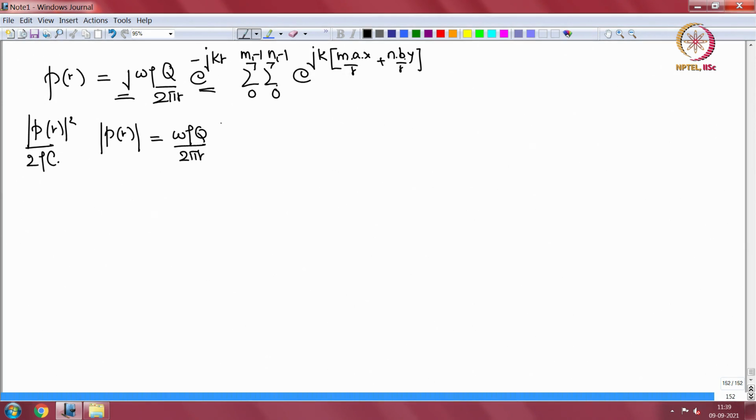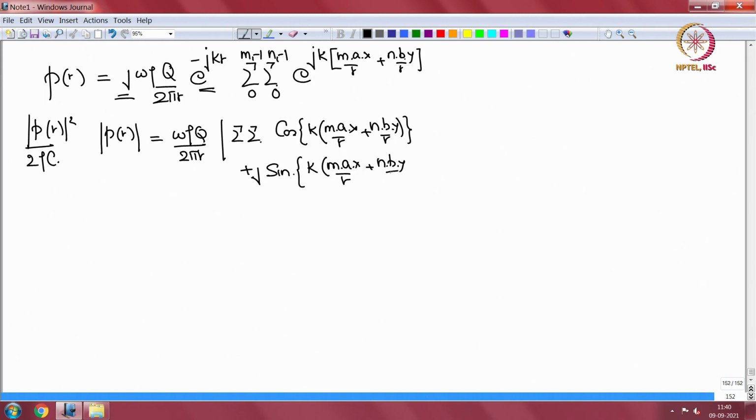Then the amplitude of the double sum, I will break it up: cosine of k (max over r plus nby over r) plus j sine k (max by r plus nby by r).